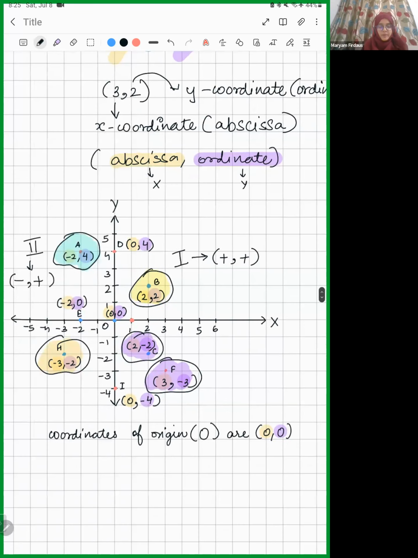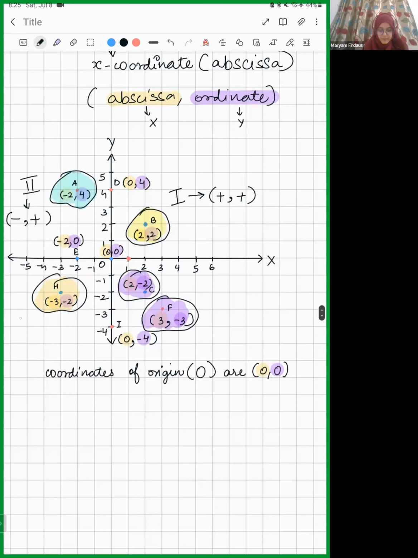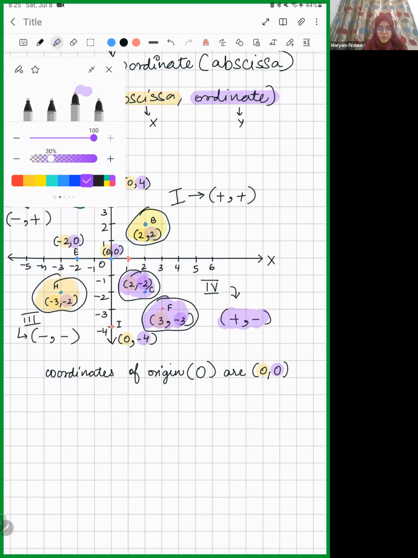And can you tell me about the third quadrant also? Both abscissa and ordinate would be negative. And Zen, can you tell me about the fourth quadrant now? The abscissa will be positive and the ordinate will be negative. Very good.